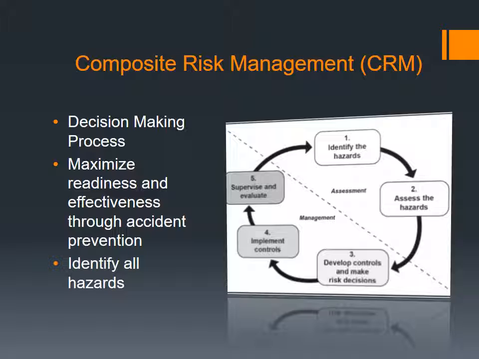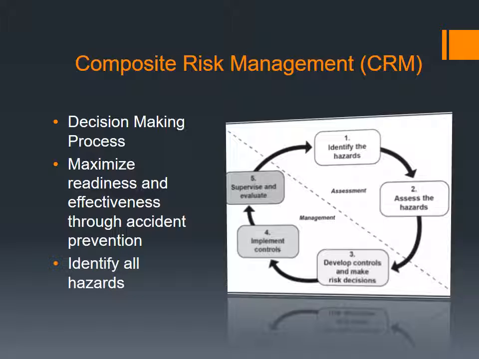Composite risk management is the decision-making process used to mitigate risks associated with hazards that have the potential to injure or kill personnel or otherwise impact mission effectiveness. In the past, the U.S. Army has separated risk into 2 categories: tactical risk and accidental risk.